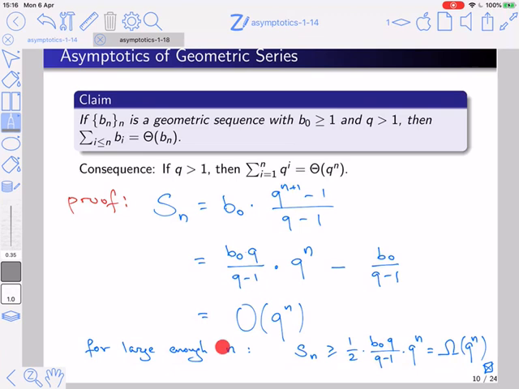So for a sufficiently large n, this difference is greater than or equal to 1/2 of the term which is written over here. So Sn is, for a sufficiently large n, greater than or equal to 1/2 times this constant b0 q over q minus 1 times q to the power of n. Since this is a constant, we get that this is big omega of q to the n.